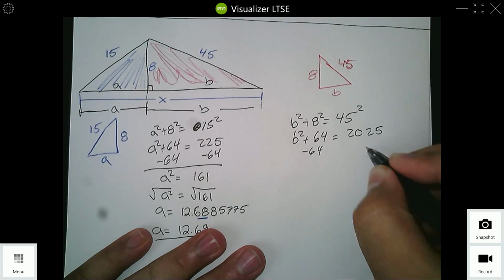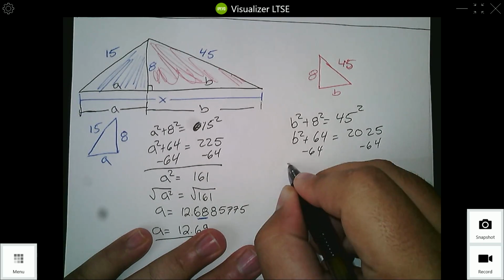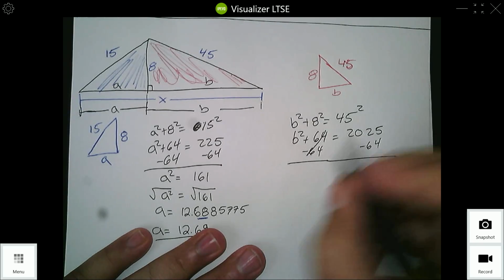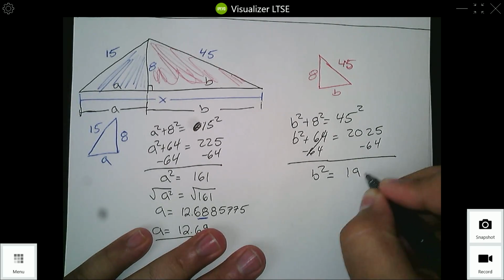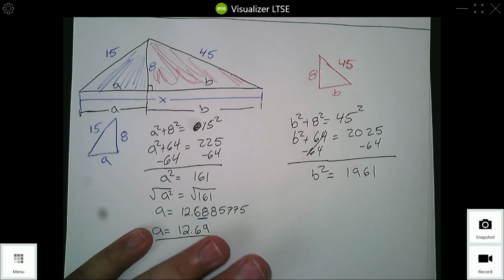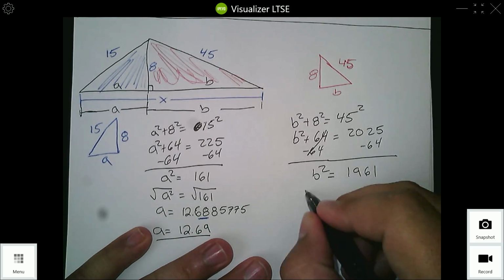Subtract 64 from both sides. We end up with B squared is equal to 1961. Want to solve for B?